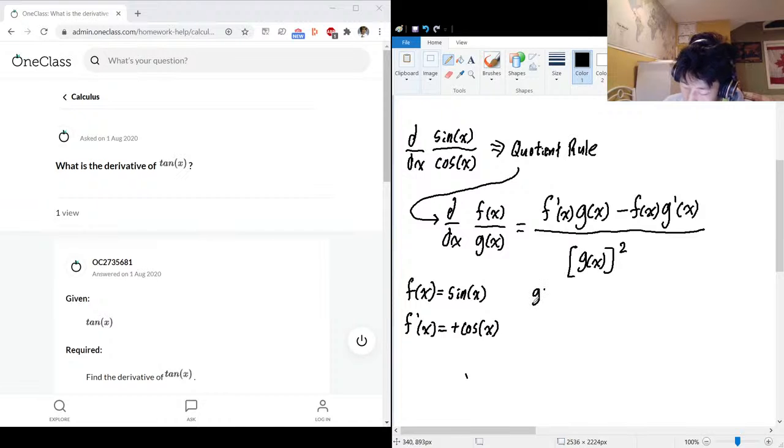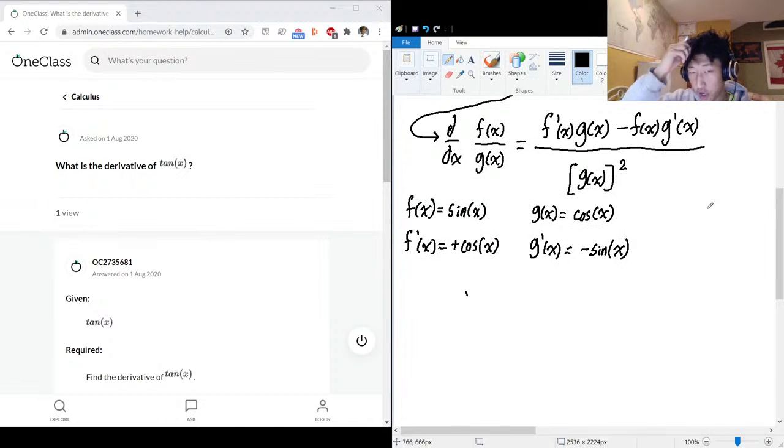What's our g of x? Our g of x naturally is the bottom part, so that's cos x. And let's take that derivative, g prime of x. What's the derivative of cos x? Negative sine x. If you forget the negative, very bad time you will have.